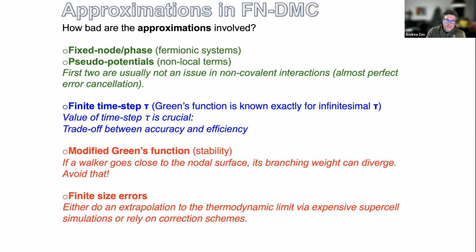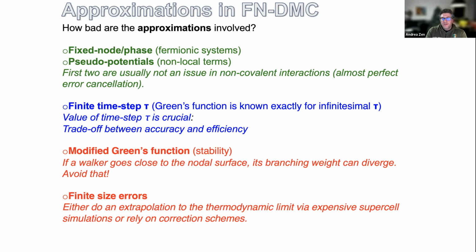So how bad are the approximations? Generally, fixed node and pseudopotentials are considered to be not impactful because we benefit from almost perfect error cancellation in these weak binding systems, and all the other approximations can be checked.